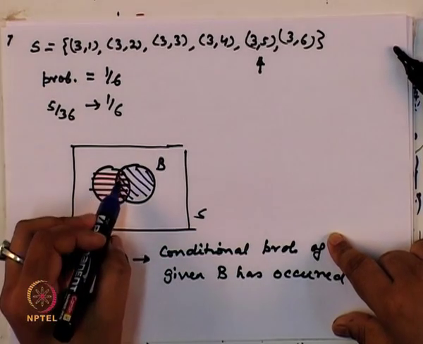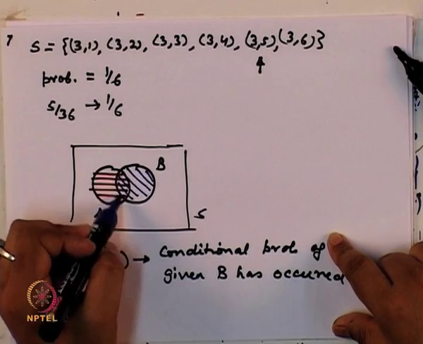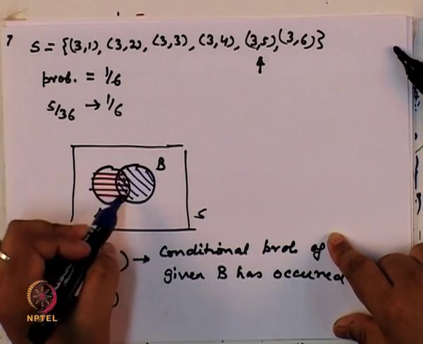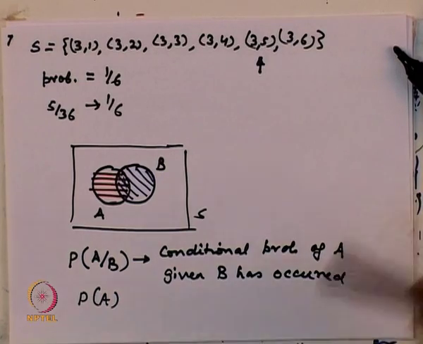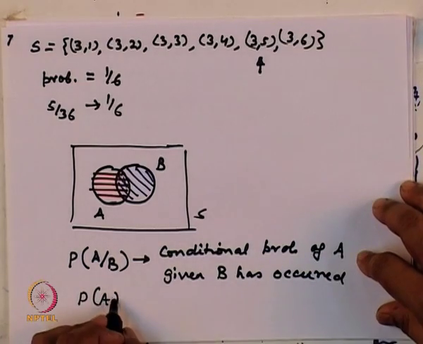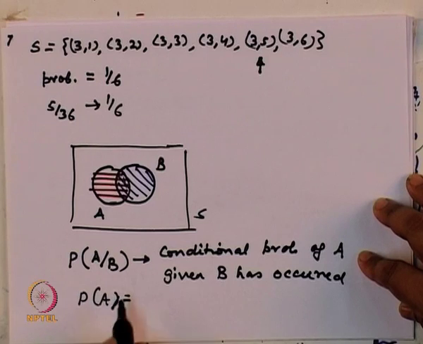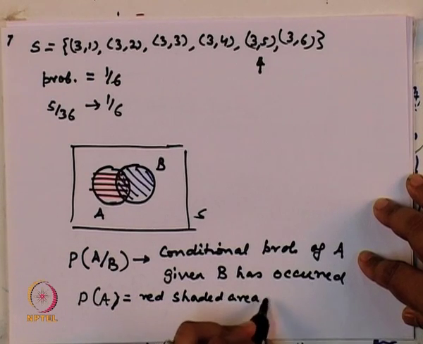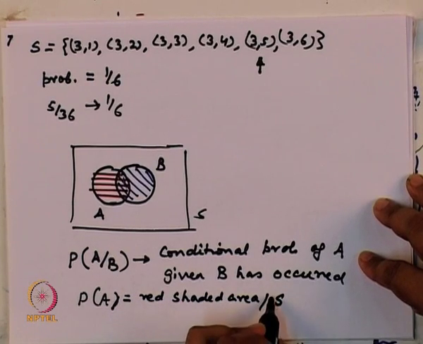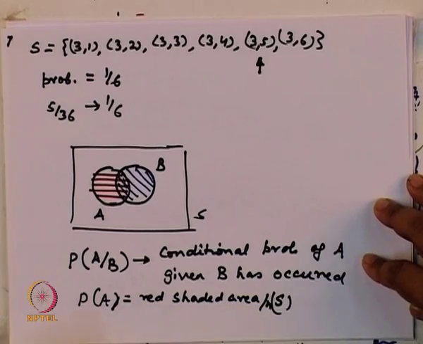Okay. So, of this, only this common area is all that corresponds to A occurring. So, probability of A is basically the red shaded area by the whole sample space, n of S. Okay.